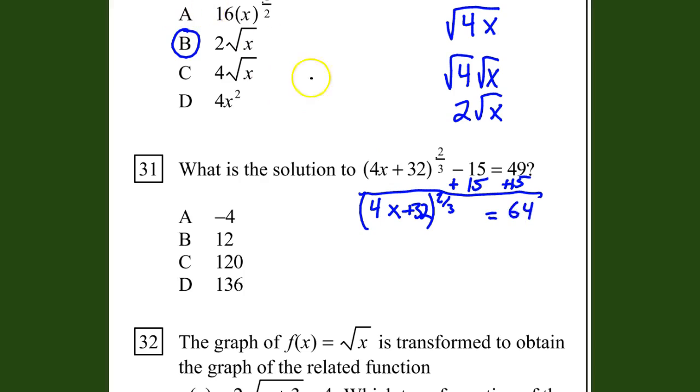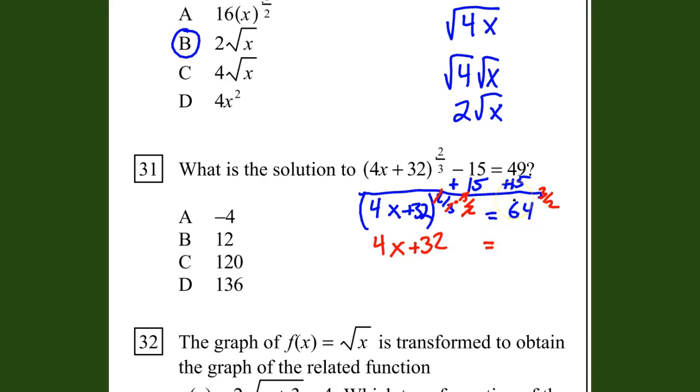Now we need to get rid of this 2/3 power. So I'm going to raise both sides to the 3/2 power, because 2/3 times 3/2 equals 1. The 2's cancel, the 3's cancel. We're left with 4x plus 32 to the 1, which is just 4x plus 32.